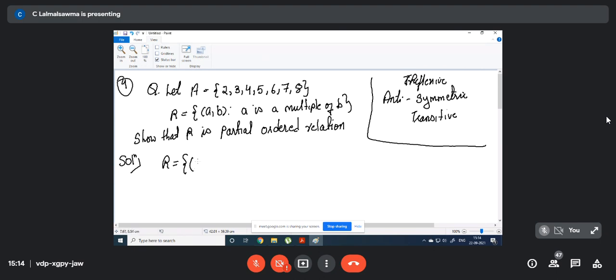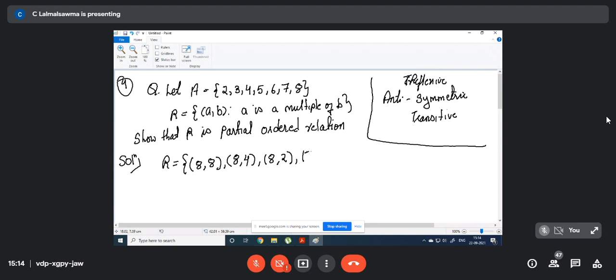Let's start with the biggest one, 8. 8 is a multiple of 8. It is clear. 8 is also a multiple of 4, and of 2.